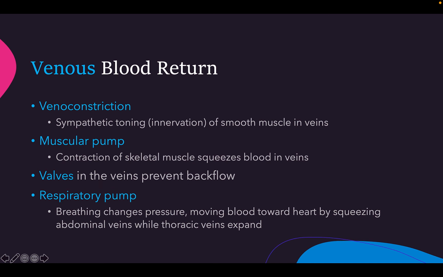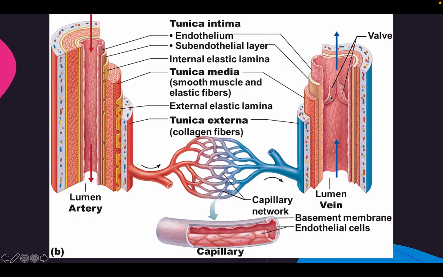And so I can go back all the way to this slide, you can see there's a valve that's not present in the artery, but it's present in the venous system, and the blood only goes through the valve in one way, kind of like the heart has its valves. They're like these semilunar valves here. So you don't need to know the type of valve, but just understand that veins have these valves that allow blood to circulate through one direction.